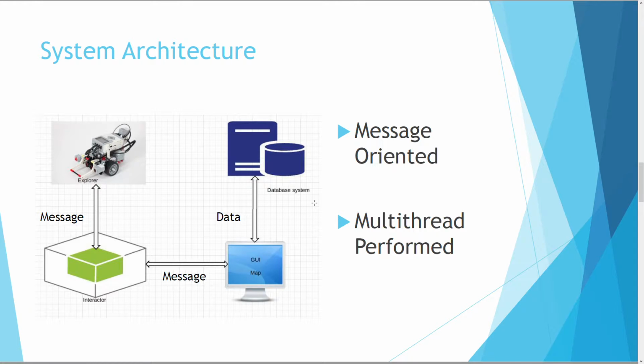When an operator performs an action, the GUI will send a message through the interactor to motivate the robot. After executing the message, the robot will transmit the explored data back to the GUI, and the GUI will update the database with this explored data.